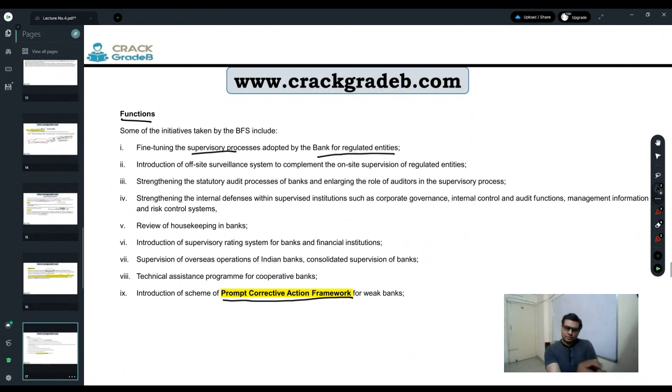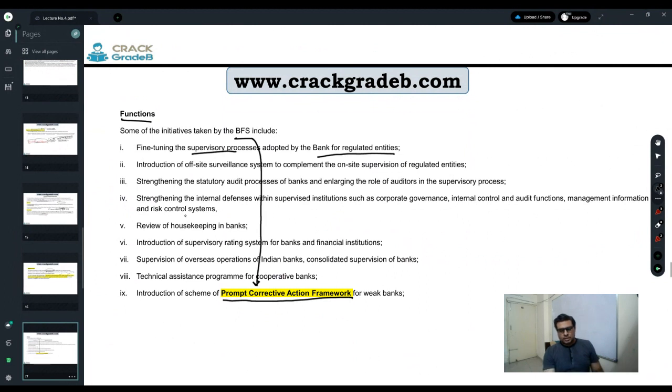All other things you just go through. It's not very important, though the board itself is a very important organization and they do the supervisory work. But the main objective to tell you about the functioning of the Board of Financial Supervision is this: prompt corrective action.